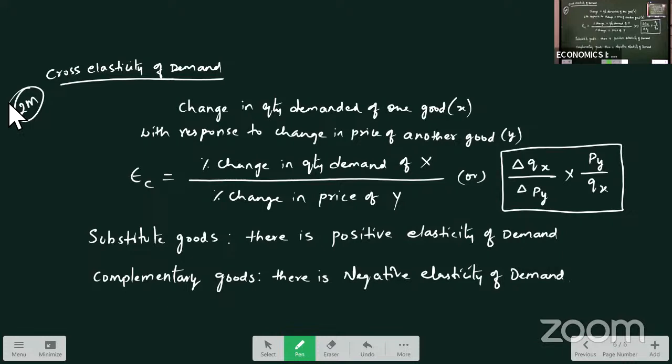For substitute goods, there is a positive elasticity of demand, and for complementary goods, there is a negative elasticity of demand. When the relation is negative, elasticity will be negative, meaning a minus sign will come in your value. When the relation is positive, there will be positive elasticity of demand.